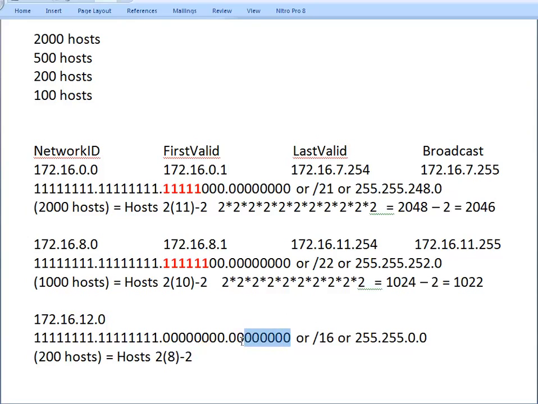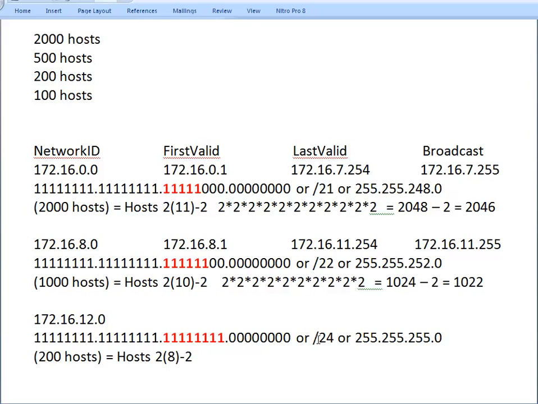Since we are reserving 8 zeros, all these will become 1. So 1, 2, 3, 4, 5, 6, 7, 8. I'll write them in red. This will say /24 now, or 255.255.255.0.